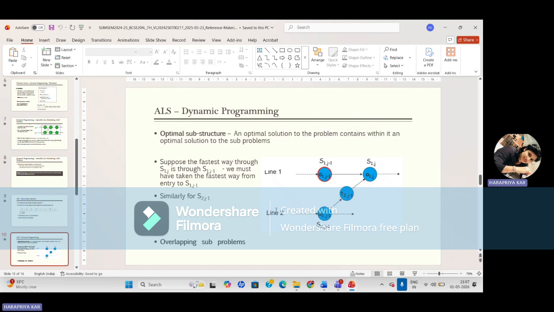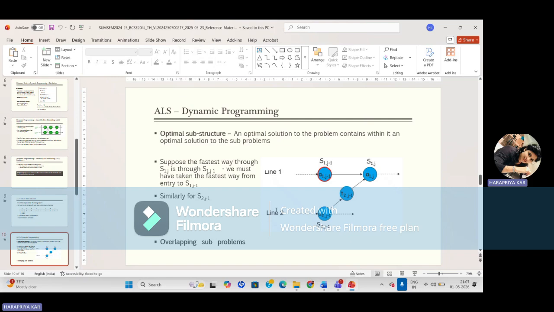Suppose the fastest way through S1j is through S1j minus 1. We must have taken the fastest way from the entry to S1j minus 1. What is the meaning of it? Whenever we are analyzing a particular line, we can take S1, S2, Sn. So you can apply the formula S1j minus 1, A1j plus T2j minus 1.